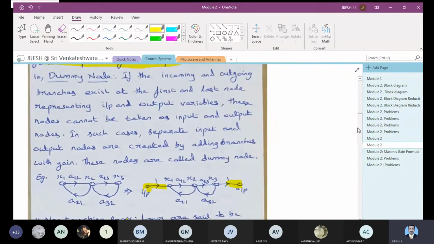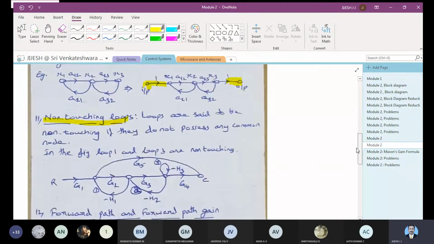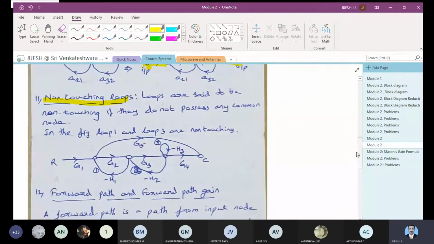So this much we discussed in yesterday's class, as well as non-touching loops. What do you mean by a loop? Here, if I start from this point, it keeps going and ends in the same node.